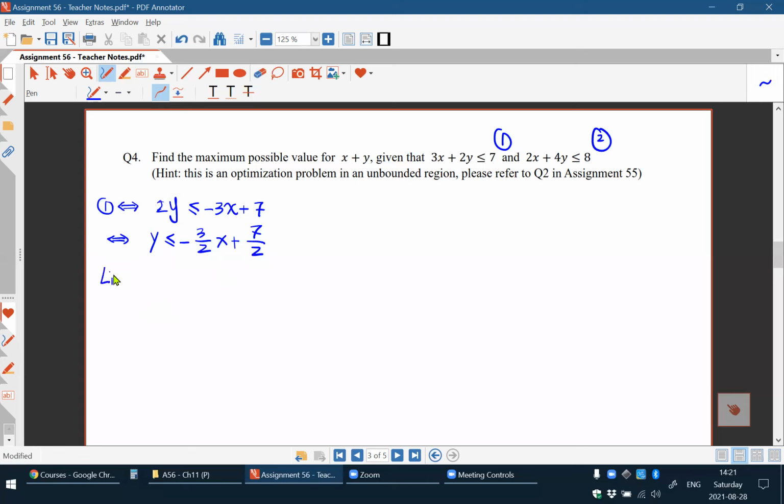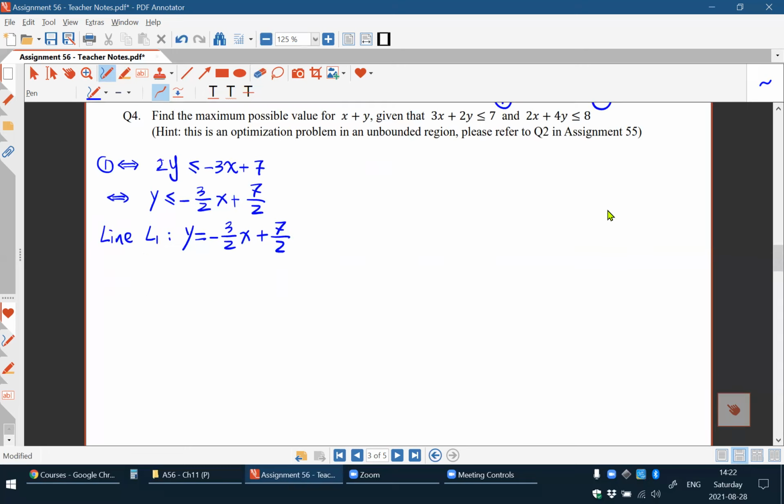The corresponding line L1 is y equals minus 3 over 2 x plus 7 over 2. To draw this line on the 2D Cartesian plane, you usually use its x and y intercepts. When x is 0, we solve y is 7 over 2, and when y is 0, x is 7 over 3.